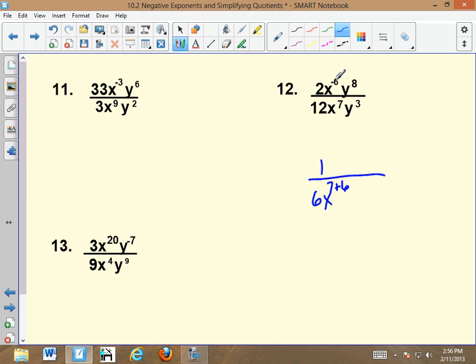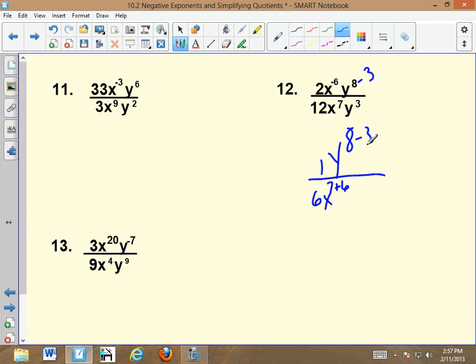When I move an exponent from the numerator to the denominator, or from the denominator to the numerator, it becomes the opposite sign. 7 plus 6. Here, this is positive. I always move smaller to bigger. So this is a positive 3, so when I move it up here, it becomes negative 3.